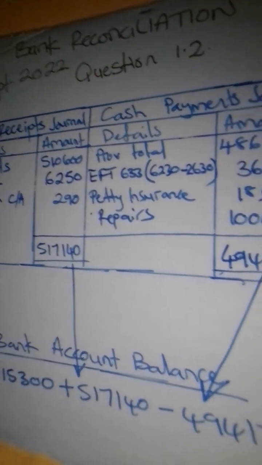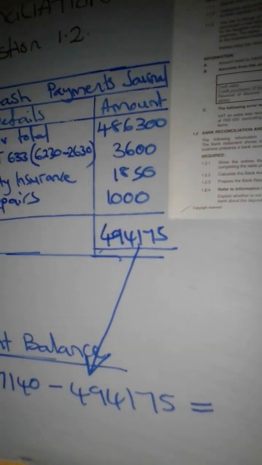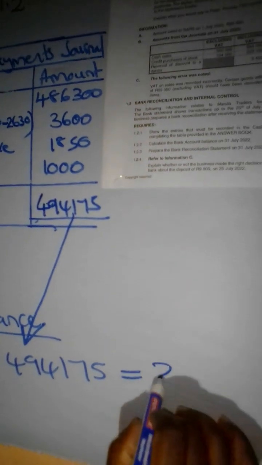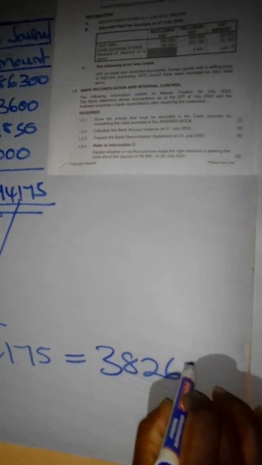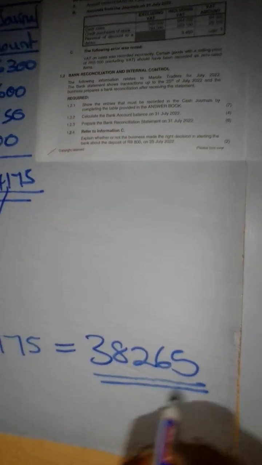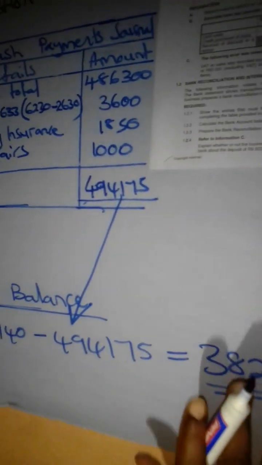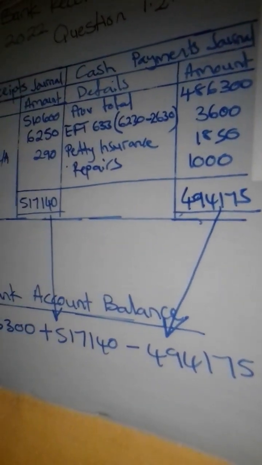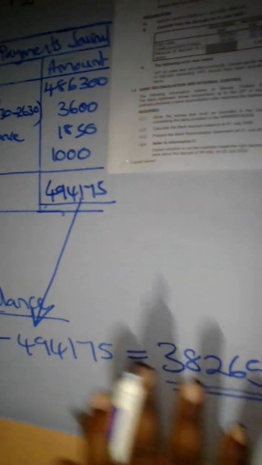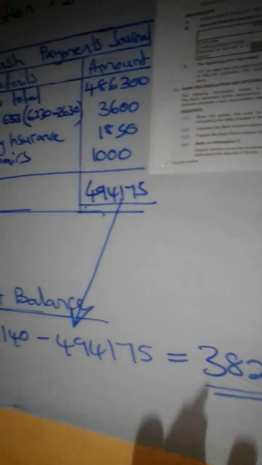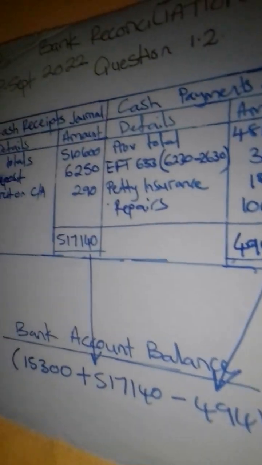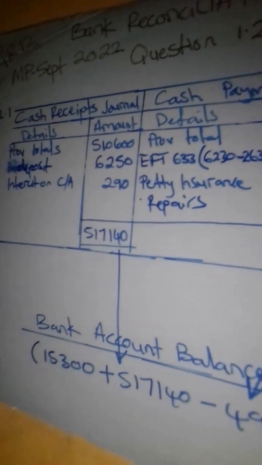It's going to give us something like 38,265. So this is the bank. It's actually a favorable bank balance as per bank account at the end, the one that we use when we are preparing our bank reconciliation statement.